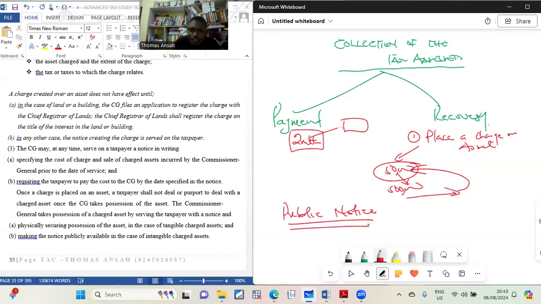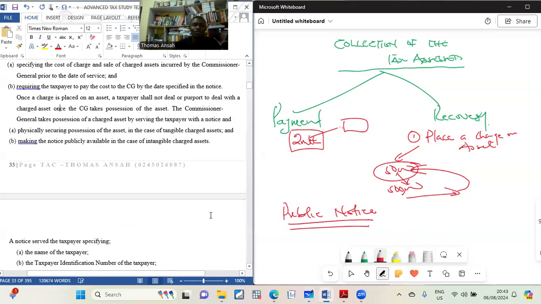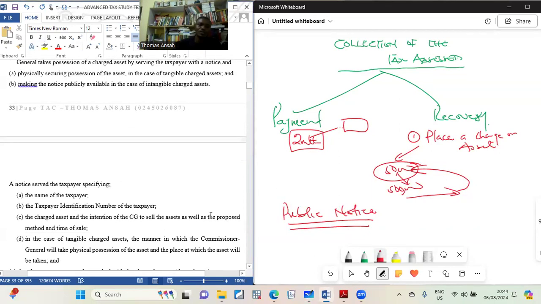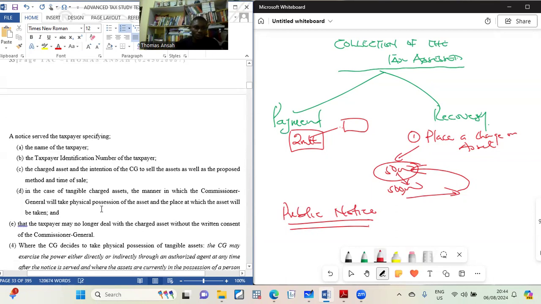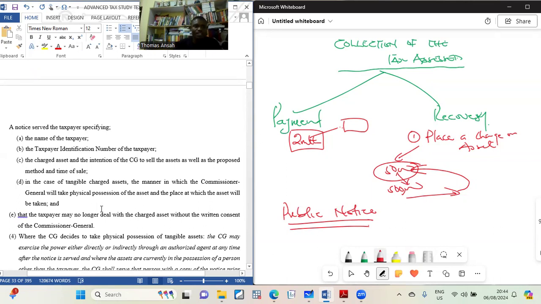GRA will make a public notice on those assets. Because you cannot go to anybody and say that you have seized it or you have placed a charge on that, you have to make a public notice. Some of them are even intangible assets, so you just have to make a public notice on that. So basically, that is him placing a charge.